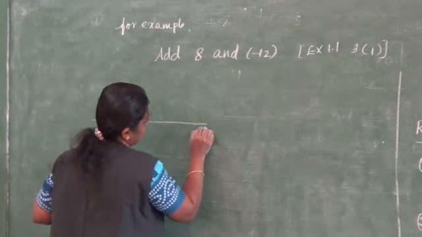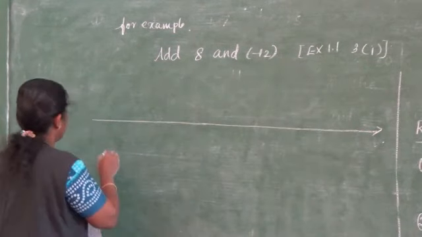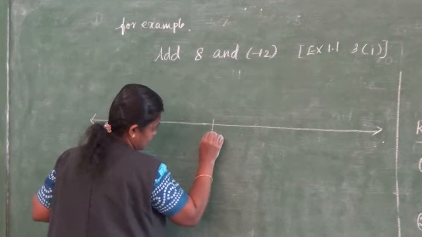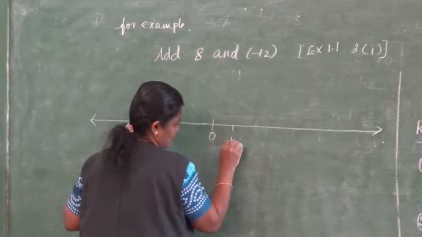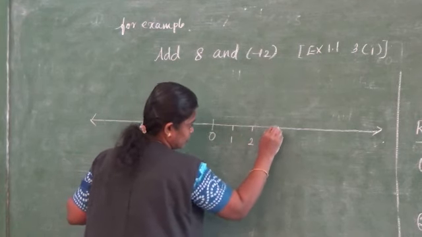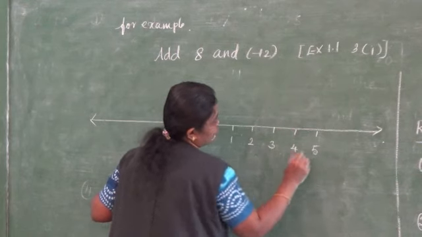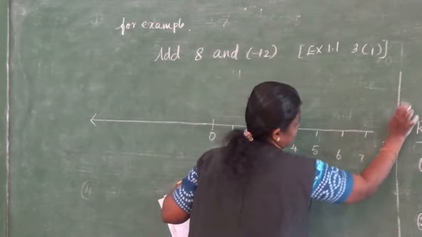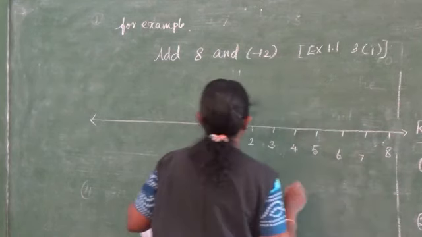Draw the number line. Middle of the number line, have to mark it on 0. Right side of 0, 1, 2, 3, 4, 5, 6, 7, 8.